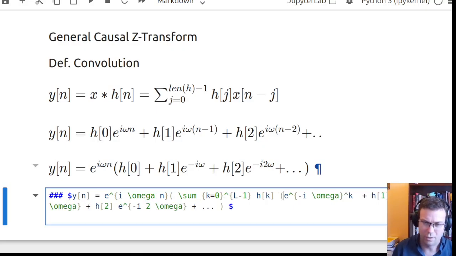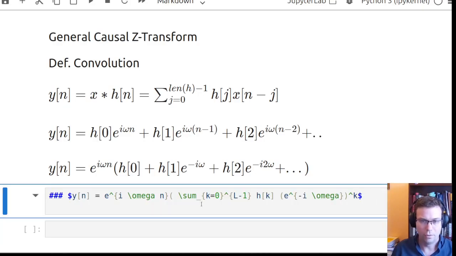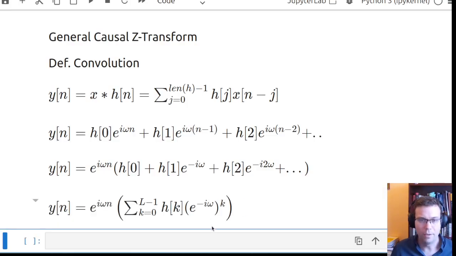So I'm just going to write this slightly differently algebraically, but an equivalent expression. So here is the same expression. Let me get my parentheses looking nice here. All right, so same expression.